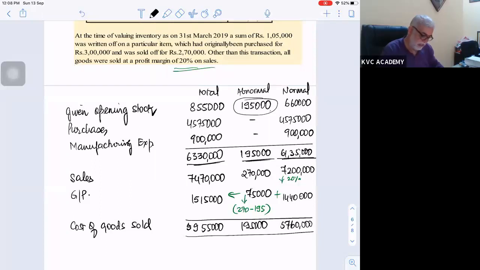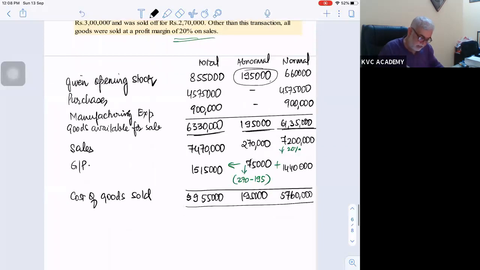Now, what is this one? These are goods available for sale. And this is their sale. So what is the closing stock?